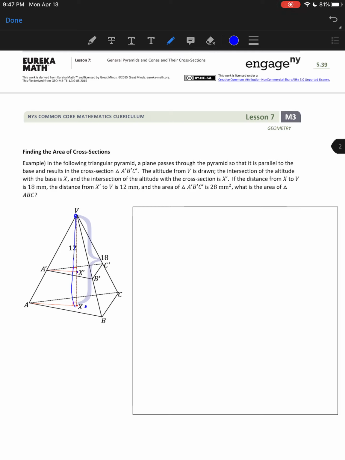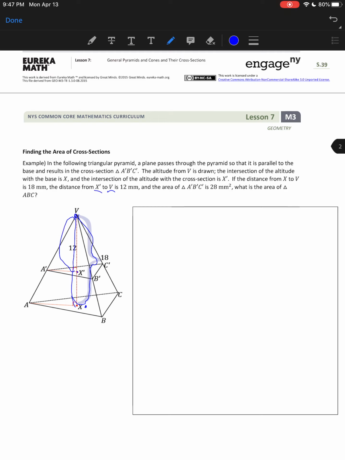And then it says the distance of x to v is 18 millimeters. See how it says 18 here? It's saying that this whole distance, this whole blue line here, is 18 millimeters. And then it's telling you the distance from x prime to v. So that now is this, from x prime to v.